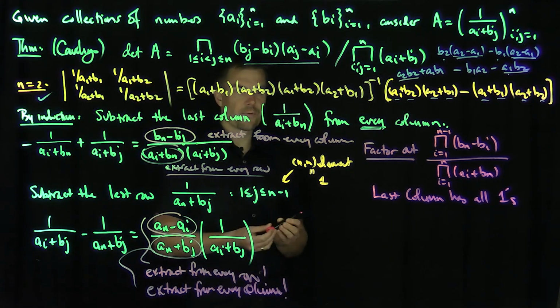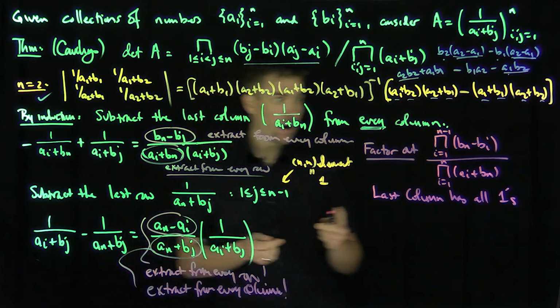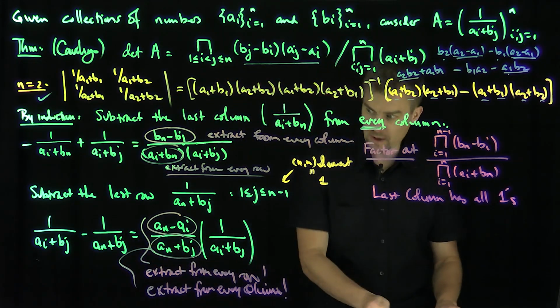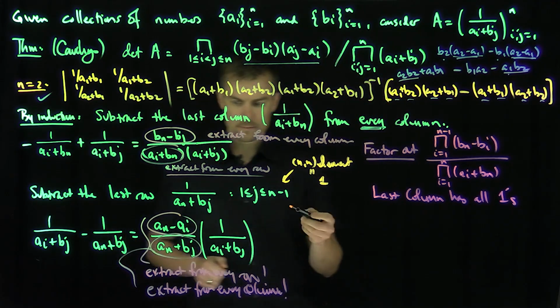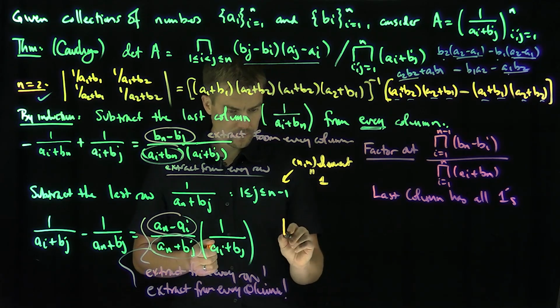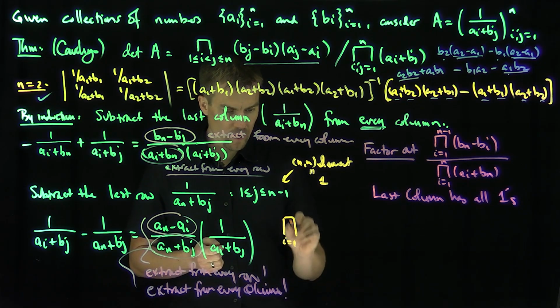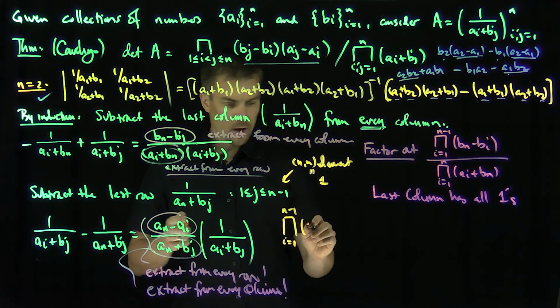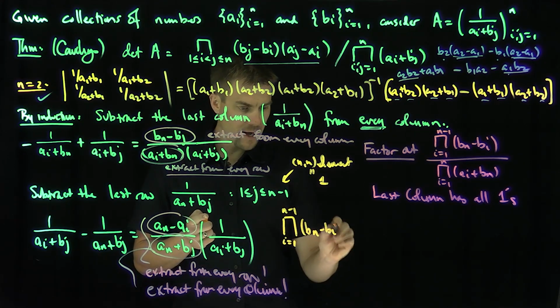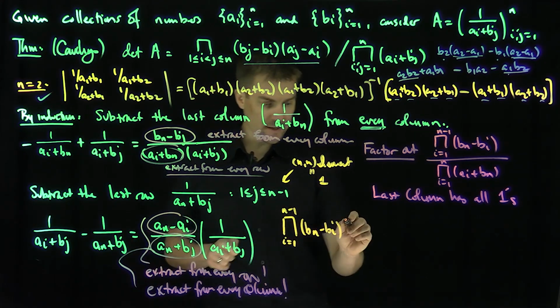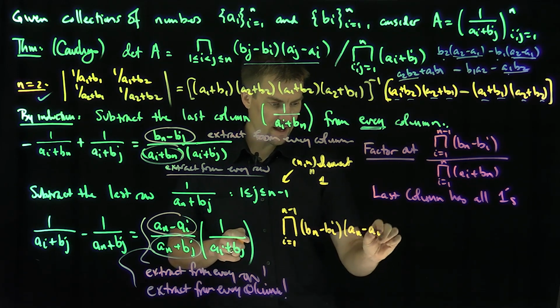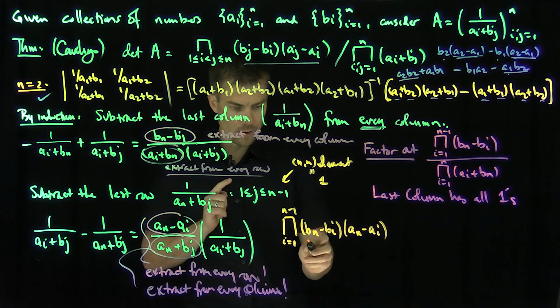And if we do that, what are we going to have? We're going to have a whole bunch of factors of the product, i goes from 1 up to n minus 1 of bn minus bi, and now an minus ai, because I factored those out of all the rows.